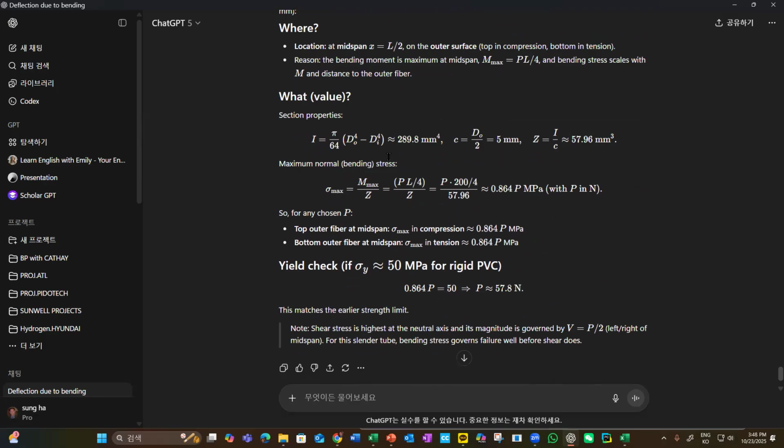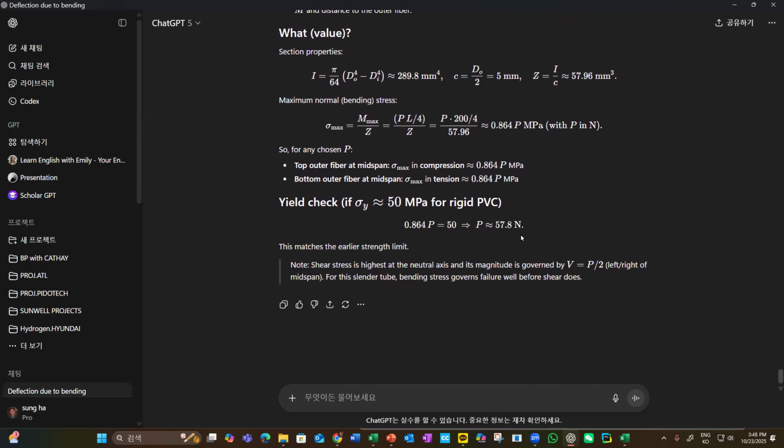I is given, and sigma x is given by this, and then again this stress will reach the yield strength of 50 megapascal of PVC. That's why we got the same. The force applied will be 57 Newton, which is approximately 6 kilograms. Okay, 6 kilograms it can support without failure. So this matches the earlier strength limit.